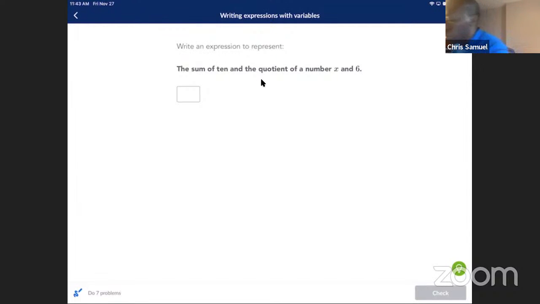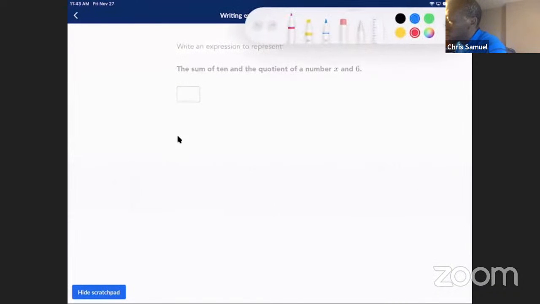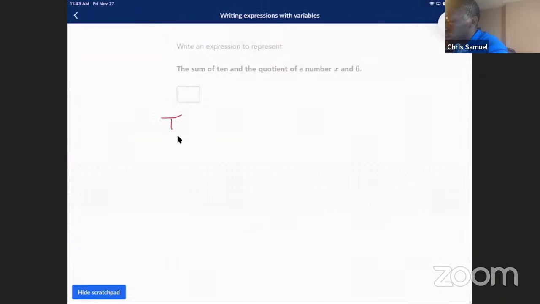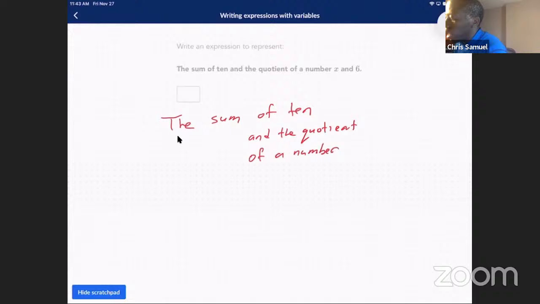Go ahead. So the sum of 10 and the quotient of the number x and 6. This is the sum of 10 and the quotient of a number x and 6.